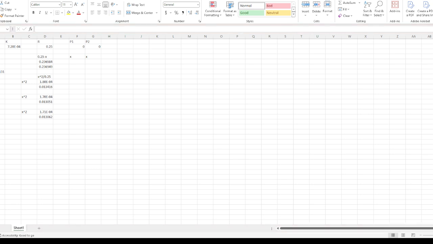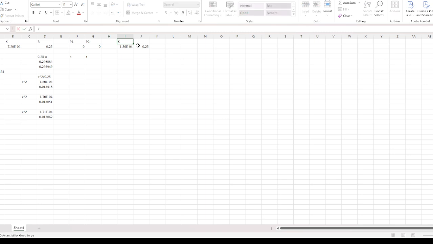Looking at the same thing, doing the same thing with the other value. So 0.25. What about 1.8 e to the -4th? Okay.